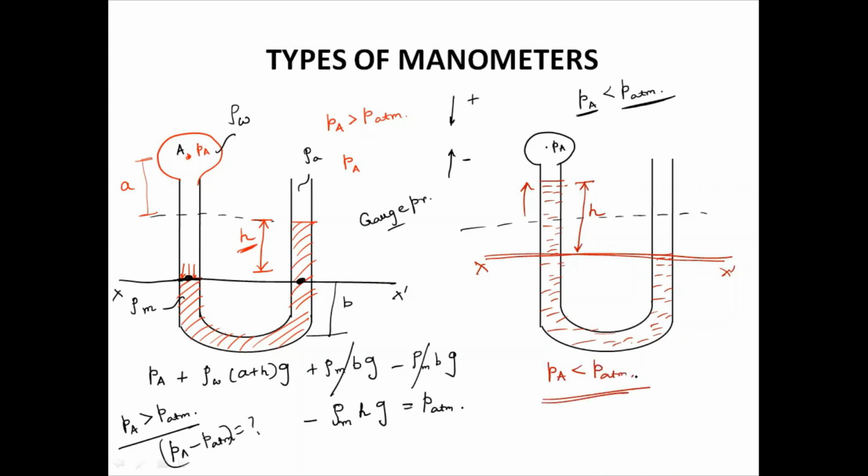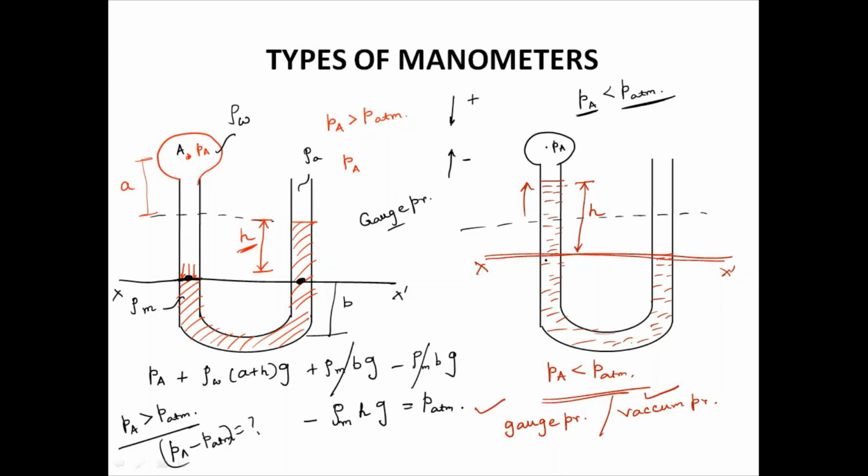So hence we can conclude that from the manometer, we can measure gauge pressure and we can measure vacuum pressure.